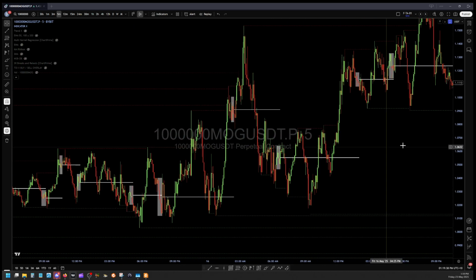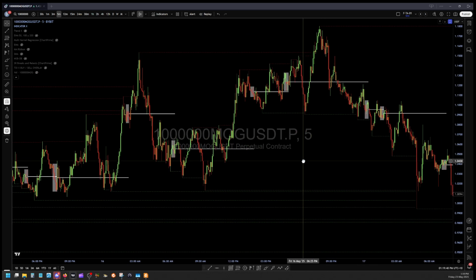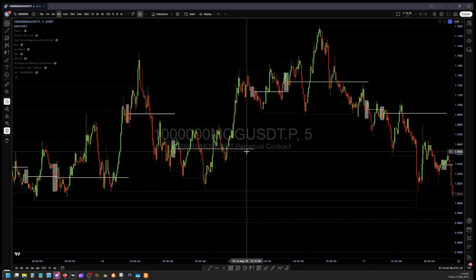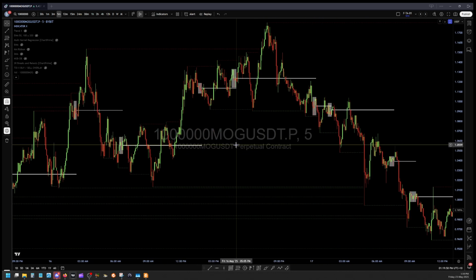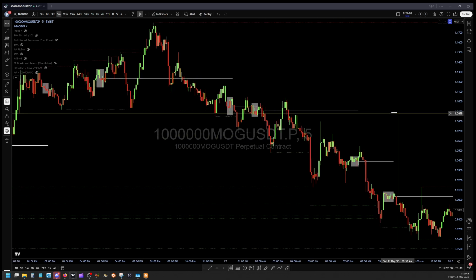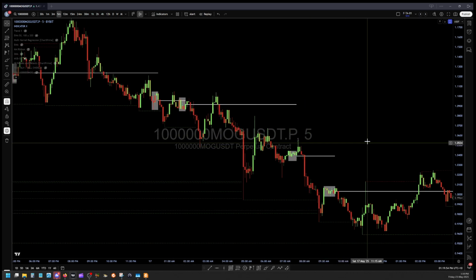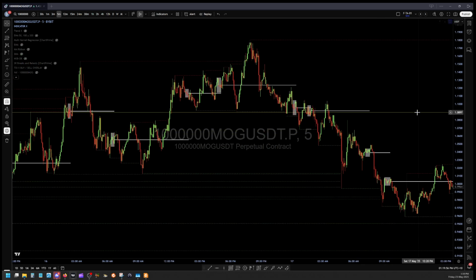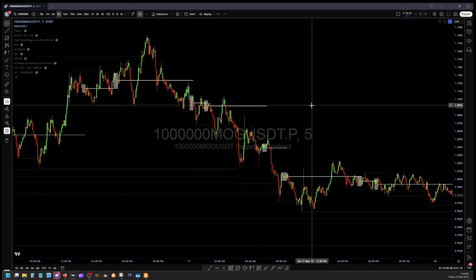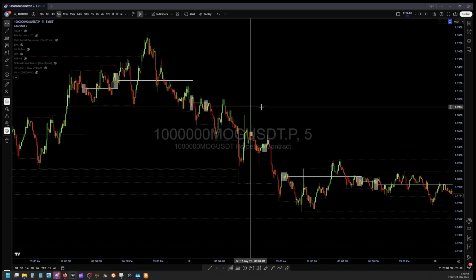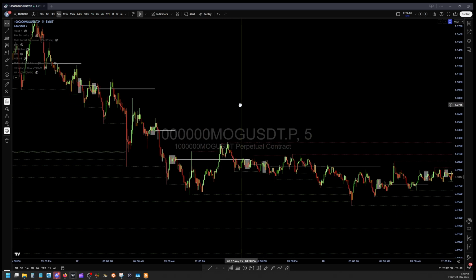Plus, I guess it's the same for point of controls and volume profiles: they'll act as support and resistance and magnets for price later in price action. So yeah, that's the main gist of this. There's so much more to say. Maybe I'll save it for another video.